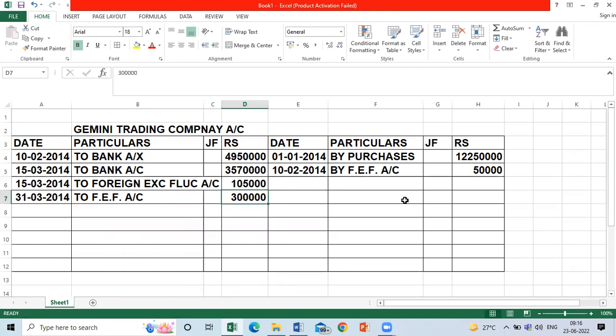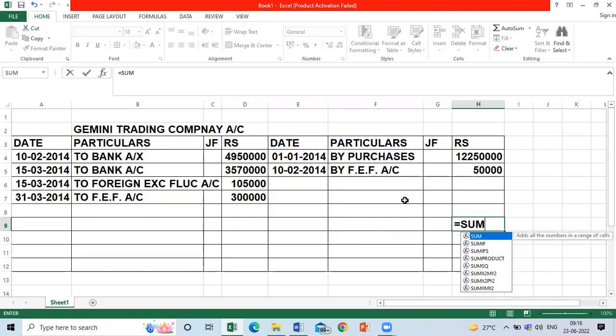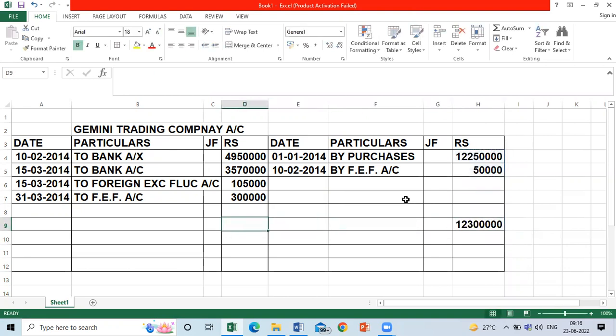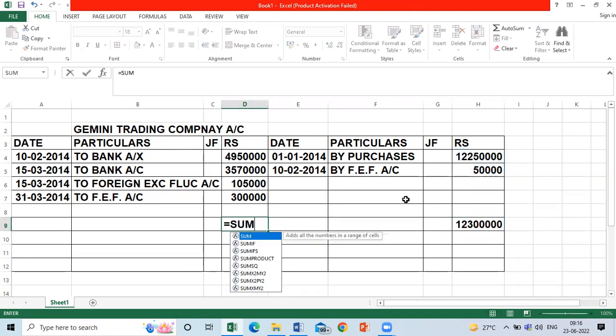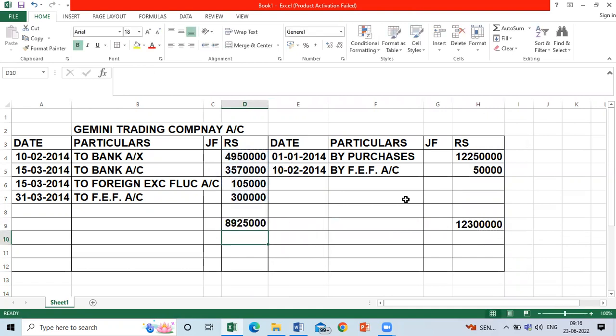Now we need to close the books of accounts on 31st March, because 31st March is my closing date. On 31st March, I will do the totaling on both sides. On the credit side, I have the total 1,23 lakhs. On the debit side, I have the total 89,25,000.